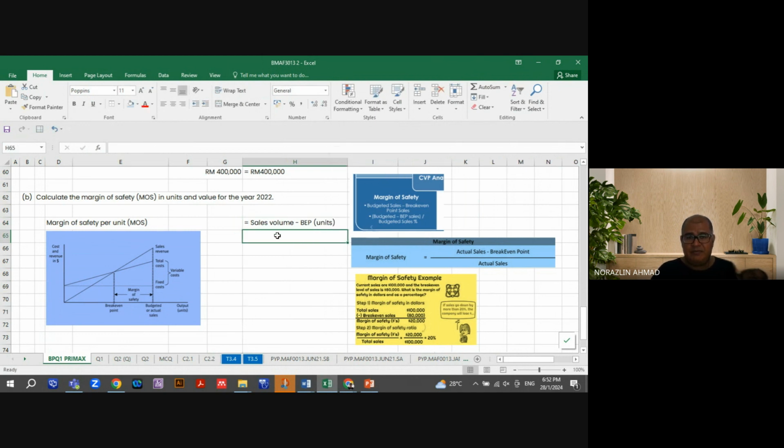So this one is very simple. 10,000 units, you minus by 2,000 units, and then you will get the difference is 8,000 units. Settle.